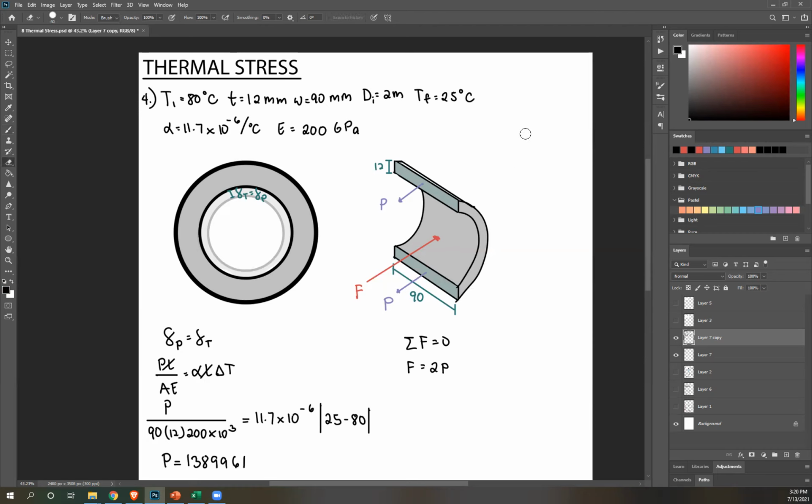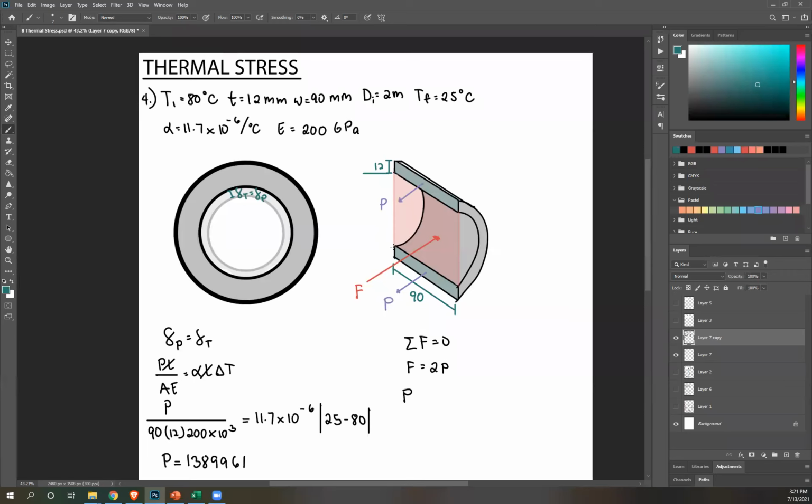So this is pressure, and area is this. That's just p times diameter, or whatever this height is, and that height is the diameter, which is 2 meters.